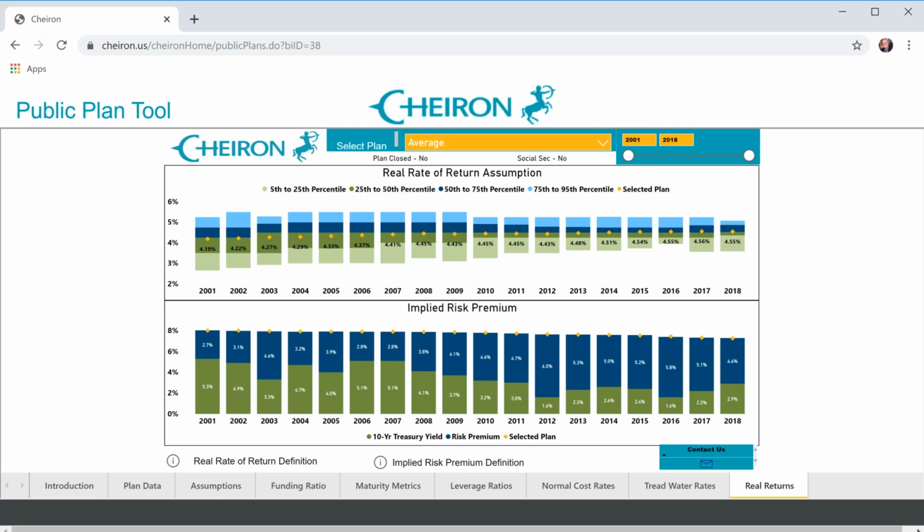This has been one of the real challenges for public pension plans and all pension plans, is that as interest rates have declined, they've had to take on more investment risk in order to achieve their expected return, even as they've dropped the expected return.